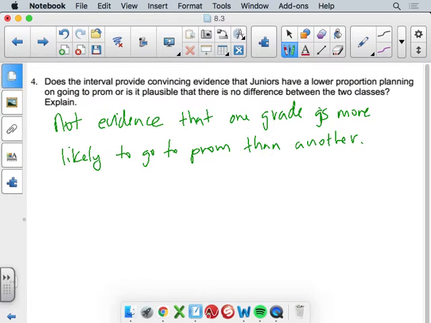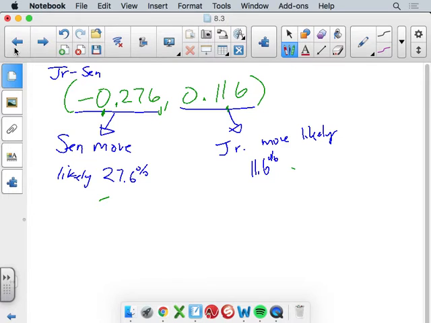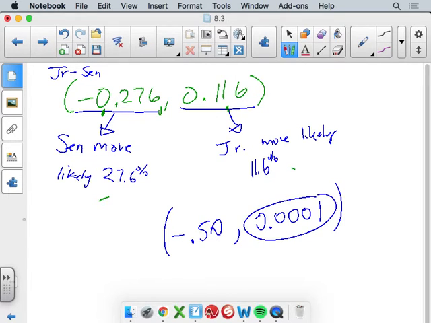So even if I had this, let's say I had -50% to positive 0.0001%. Even if I had this interval, I do not have evidence because my interval is saying the positive number had a chance. We're saying it doesn't matter what percent of it was negative.